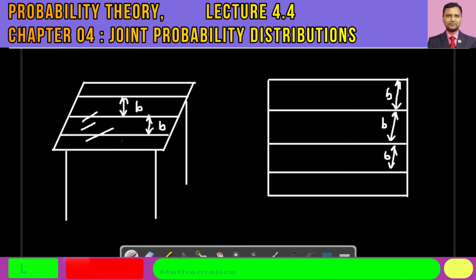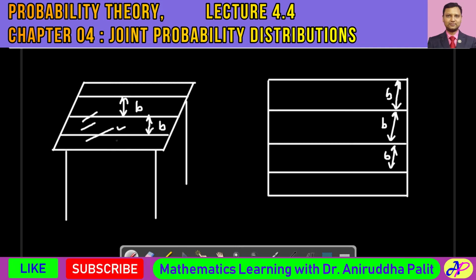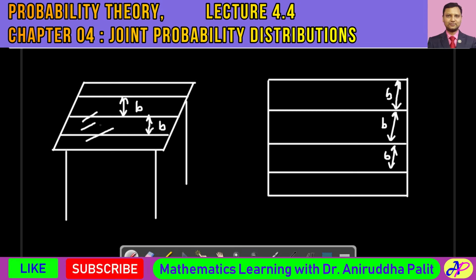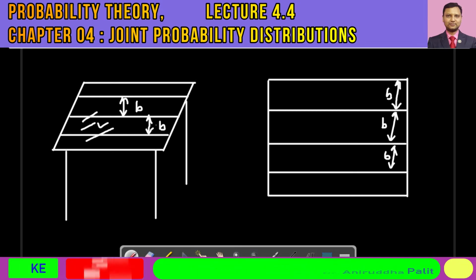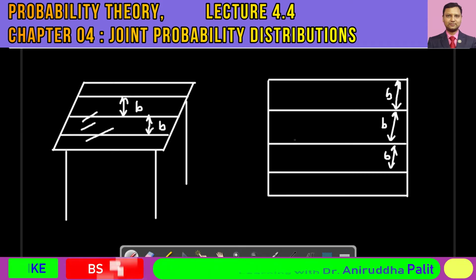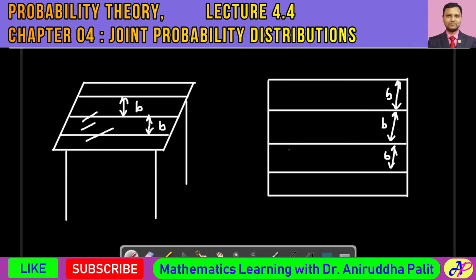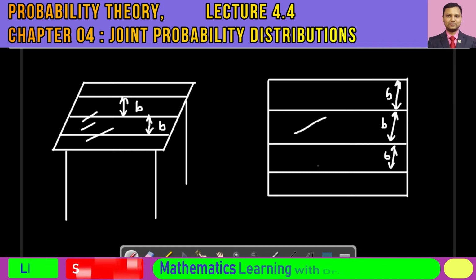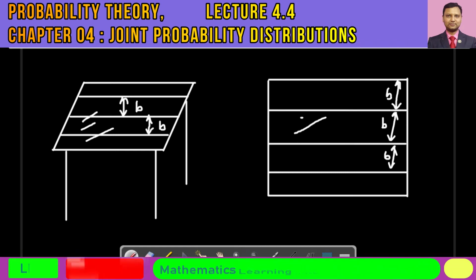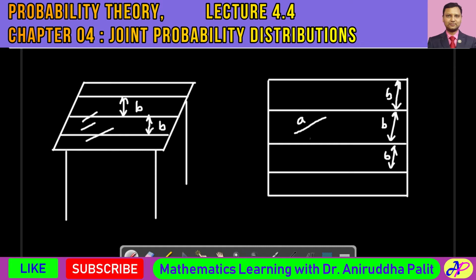I'm just saying that either the needle may intersect one straight line, or it may not intersect any straight line at all. So what could be the possible cases when it intersects? It may intersect in this fashion. And if it is not intersecting at all, the needle will be situated like this, and the length of the needle is equal to small a as per the question.